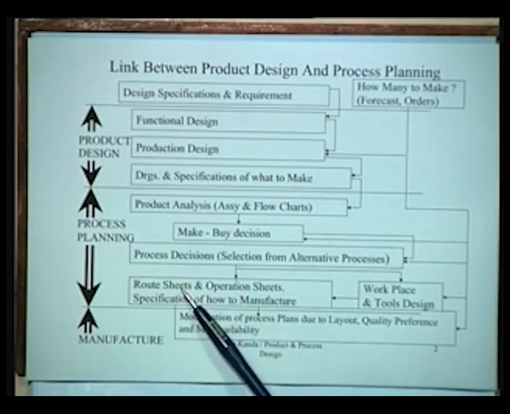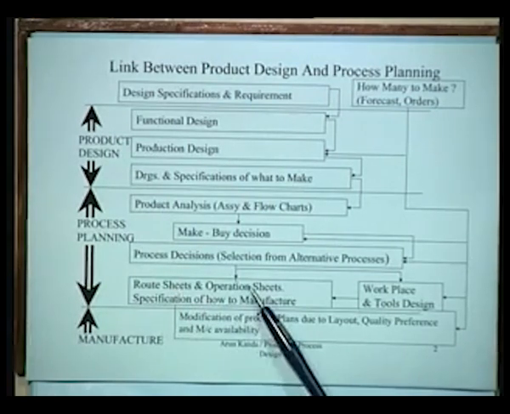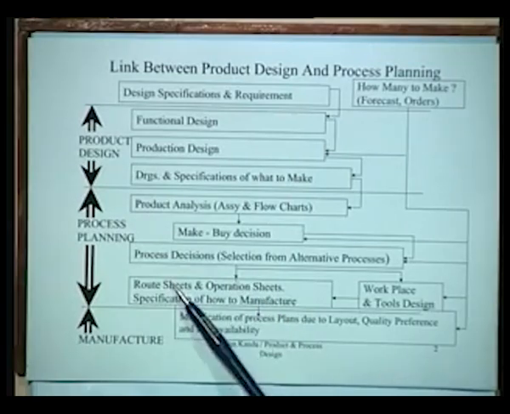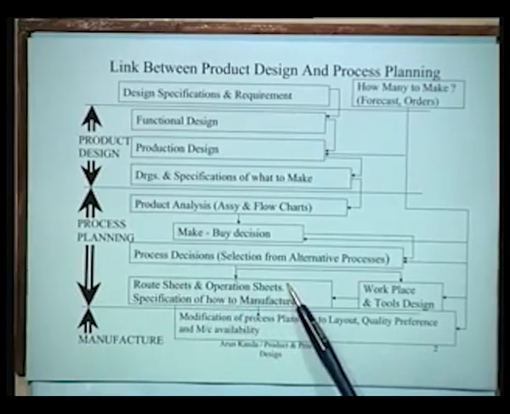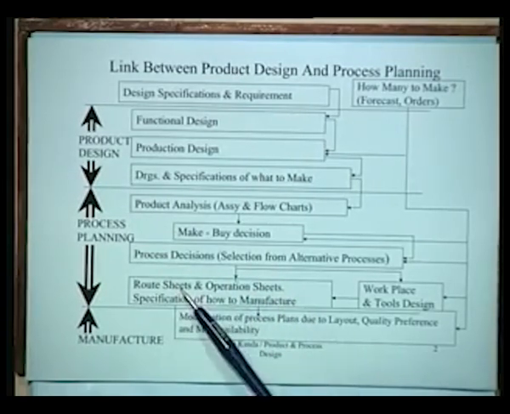A route sheet is a document which specifies the route to be taken by a particular component as it flows through the factory. So it says that it would first go on maybe this machine, and it would perform such and such operations. Details of the operations are available in the operation sheets, and the route sheet specifies exactly the route that you have to take.